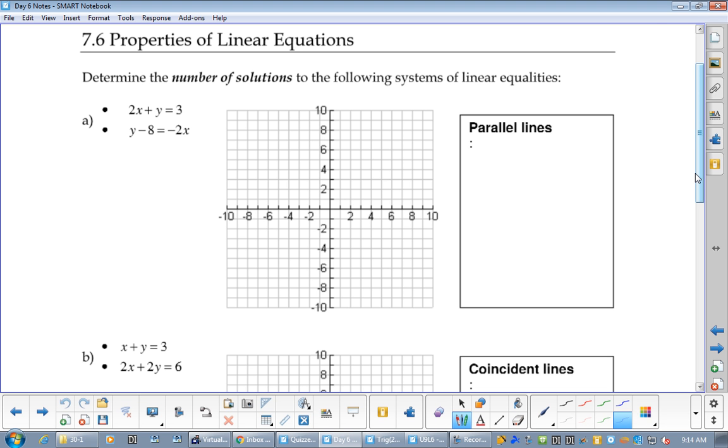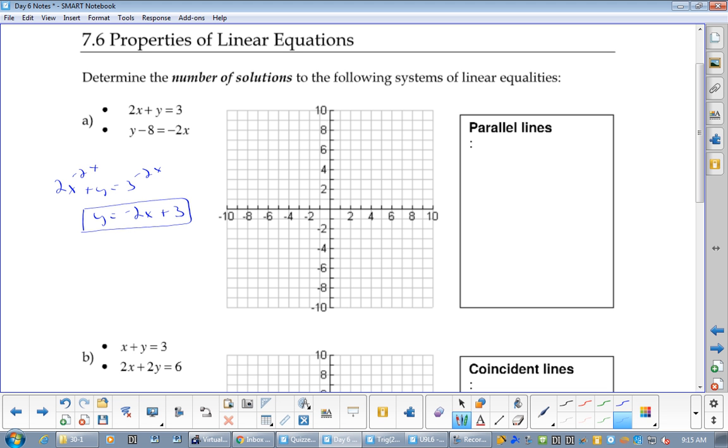So let's get them to be y equals. So let's take the first one, which is 2x plus y equals 3. I want it y equals, so I'm going to minus 2x, and I will get y equals negative 2x plus 3.